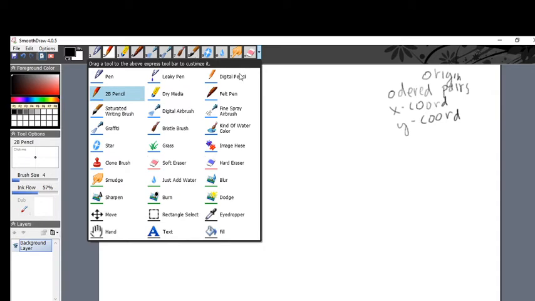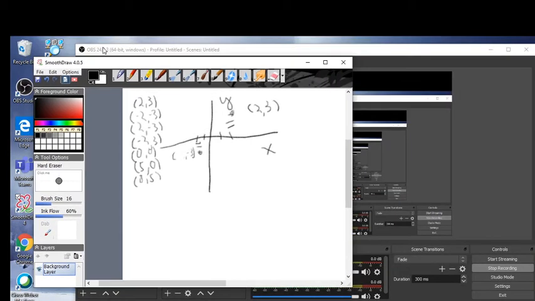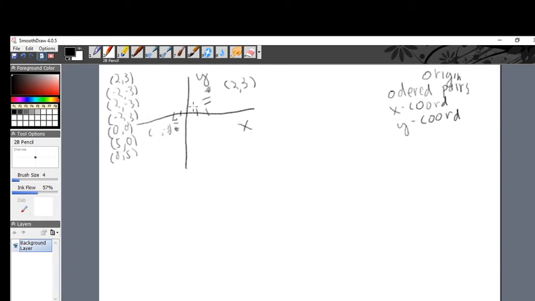I pick up what's called a hard eraser, and then I can come over here and erase, come back up, and get my pencil back, I hope. Yeah, I got my pencil back. I also need my full screen. Okay, so we're back in business.